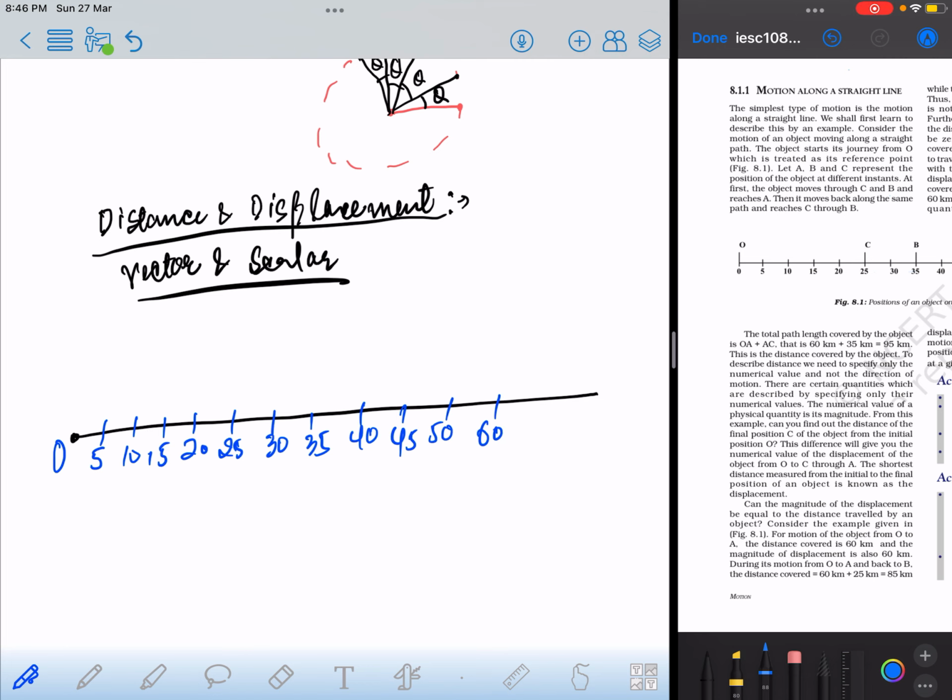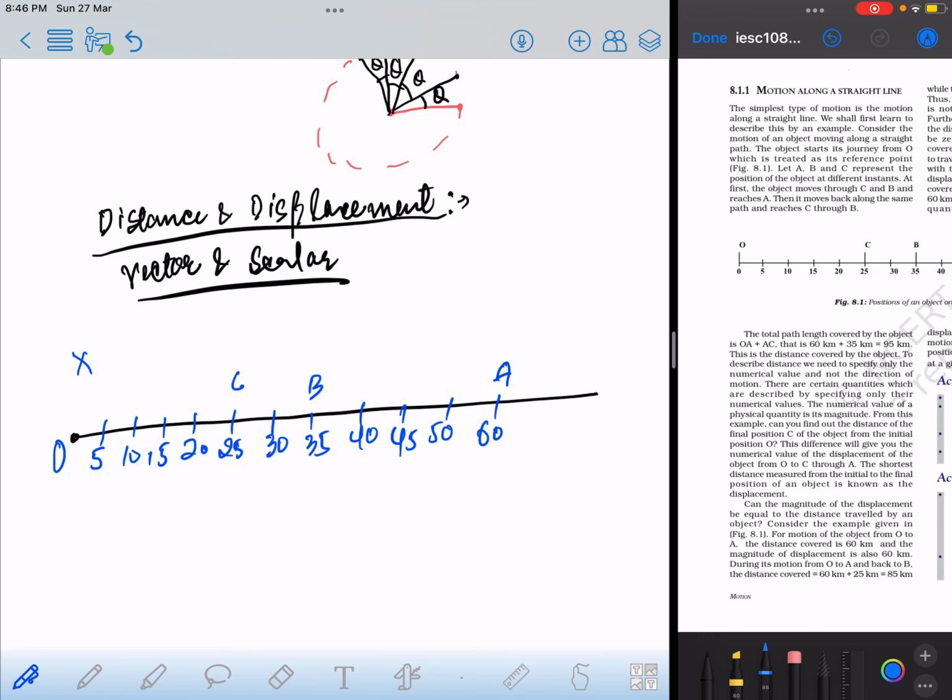This is a path. We are taking a body, suppose X, and it is moving through this path, and we have cited three instants here: A, B, and C. A is at this point, B is at 35, and C is at 25.